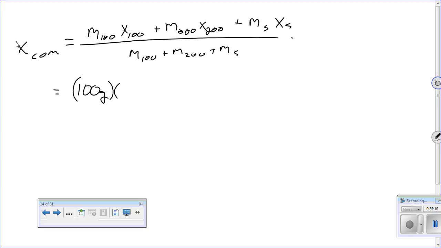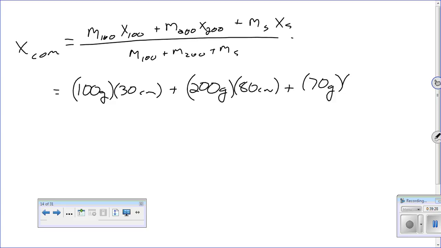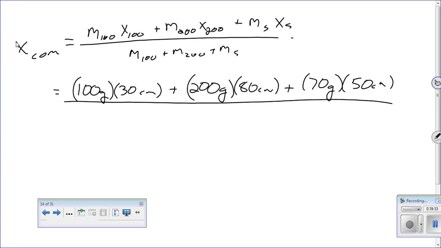Position of the 100 was what? 80 centimeters, right? Plus 200 grams, bear with me, times 30 centimeters, plus 70 grams, times 50 centimeters. Wait. Did I flip them? The 200's at 30. Thank you. Sorry.